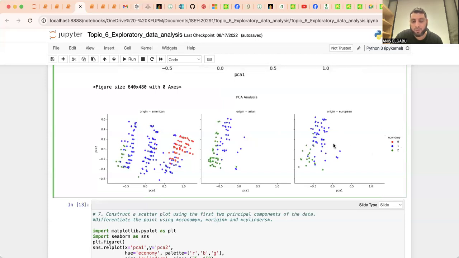There are no cars of European origin that belong to class zero for the economy. Same as for the Asian. In fact, for the Asian origin, there are more cars that belong to class two. They are very economic.